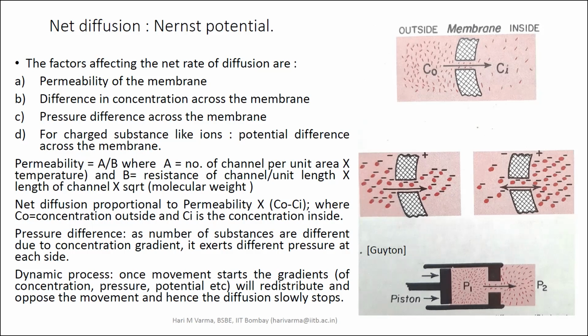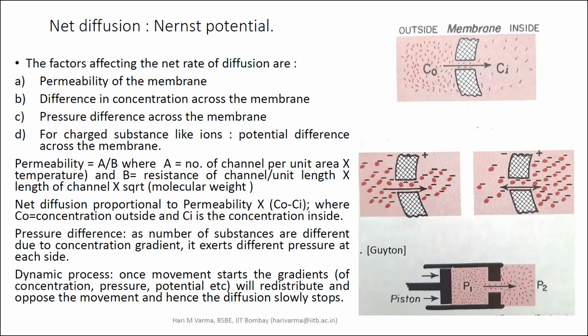The larger the resistance of the channel, the less permeable it is. It's also inversely proportional to the molecular weight of the material. If the ion is very big compared to the channel, essentially it will not be fast, right? So permeability is inversely proportional to the molecular weight and inversely proportional to resistance per unit channel.